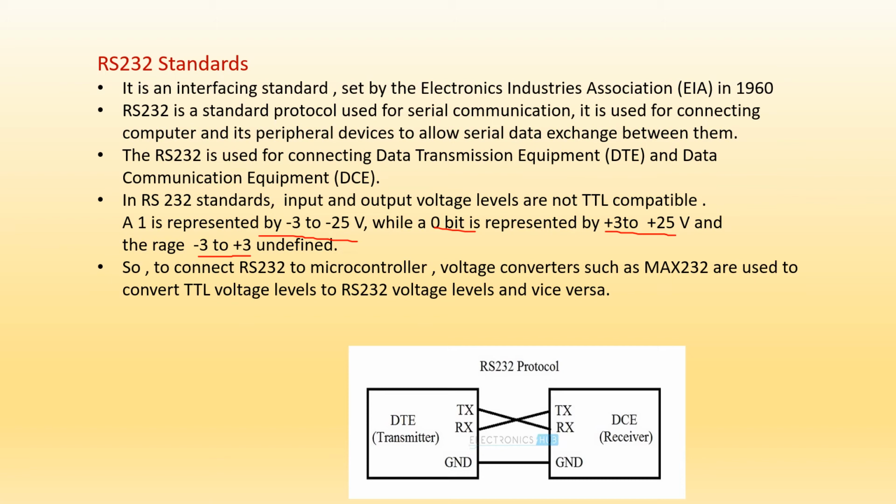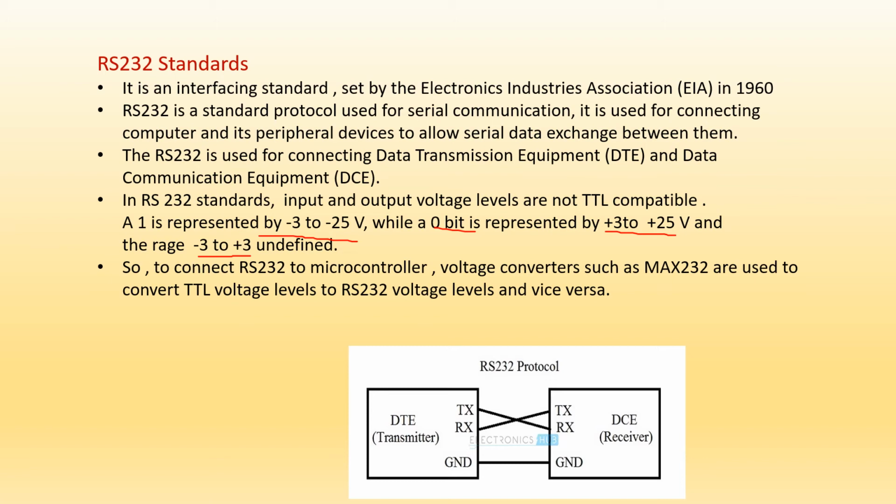But for the microcontroller, 0 is represented with 0 volts and 1 is represented with +5 volts, and hence the RS-232 voltage levels are not compatible with the TTL voltage levels. So I cannot directly connect the RS-232 cable to the microcontroller.